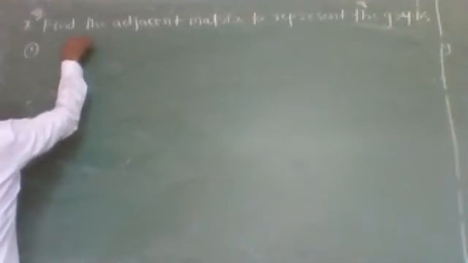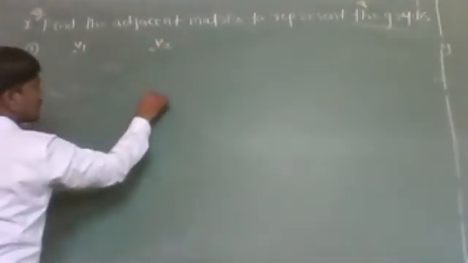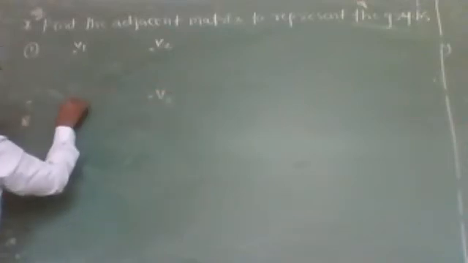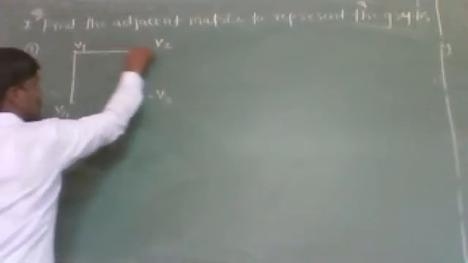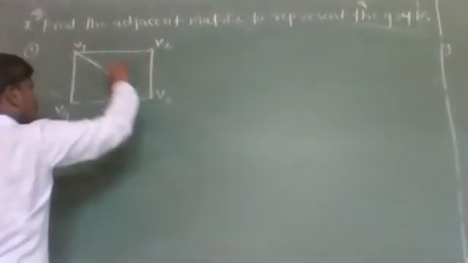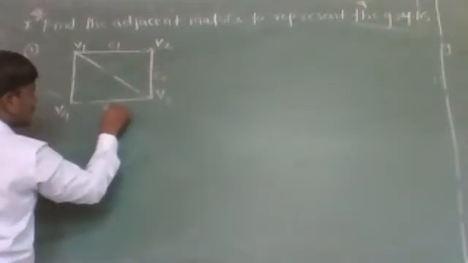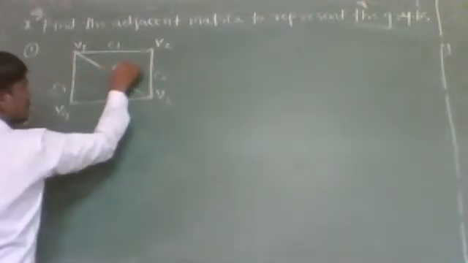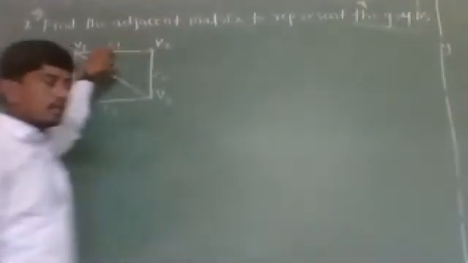First one is, suppose this one is a graph G. Now we have to find out the adjacency matrix of this graph.